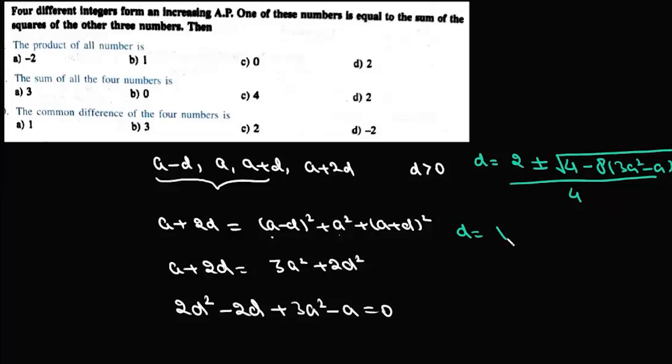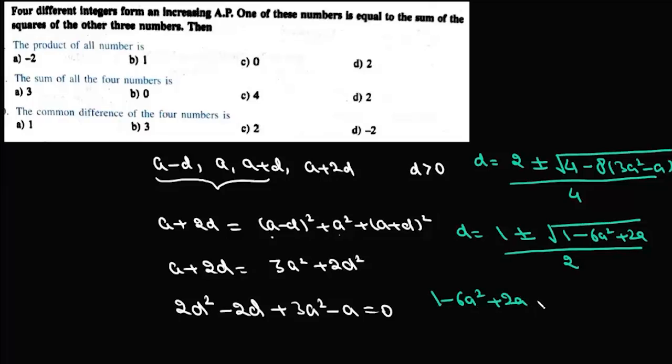We can write d equals 1 plus minus under root of (1 minus 6a square plus 2a), whole divided by 2. In the question, we need integers. That means this d must be an integer, and this 1 minus 6a square plus 2a must be greater than 0, and it must also be a perfect square.